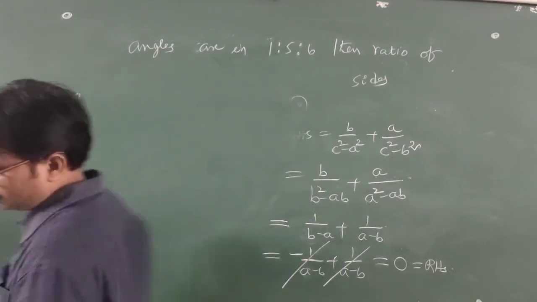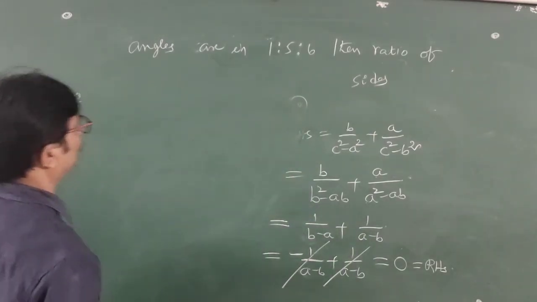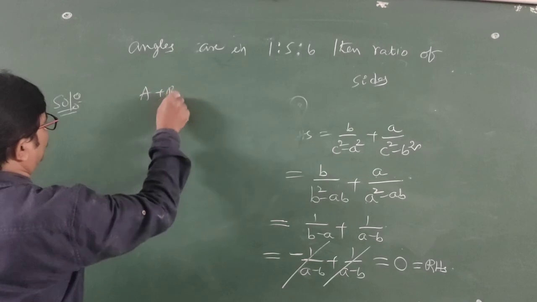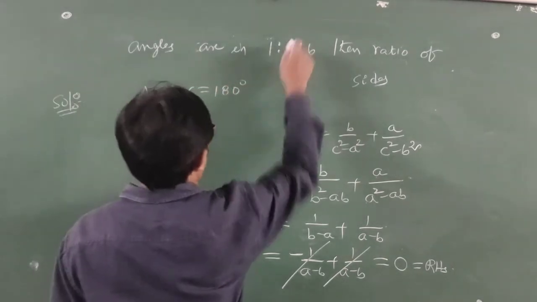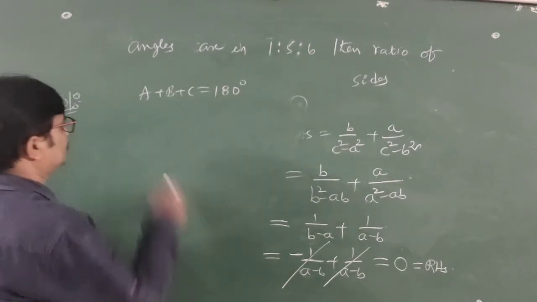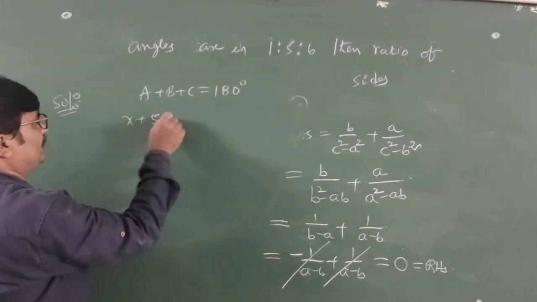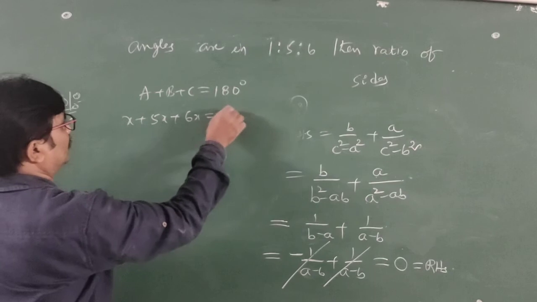We have to know, students, that the sum of the angles A + B + C is 180 degrees. We take A as x, B as 5x, C as 6x, sum 180 degrees.